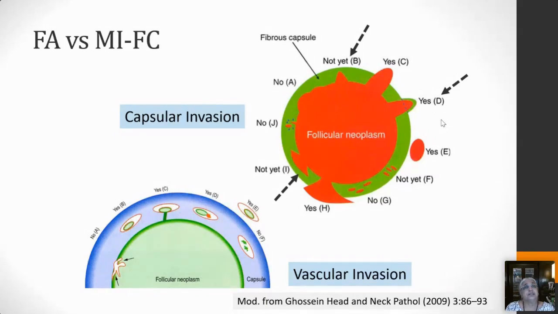But here is the problem. When a tumor is invasive, and particularly a low-grade tumor, as it's making its way through the capsule, the capsule can actually be duplicated. Because after all, why does a capsule ever form in a benign tumor?